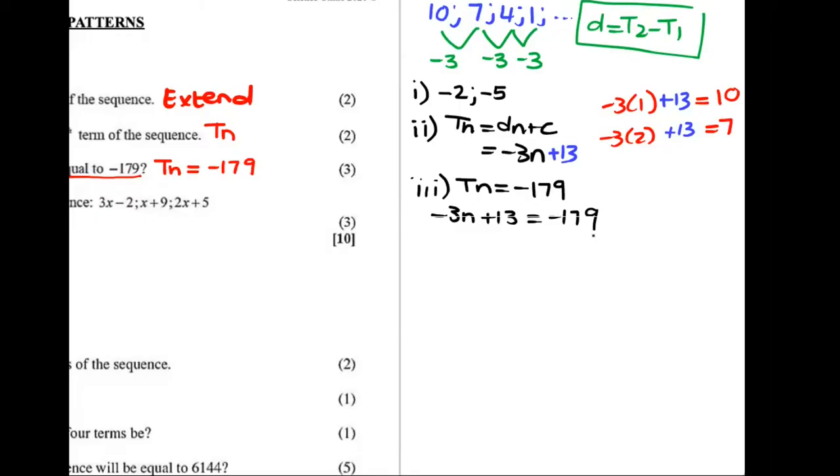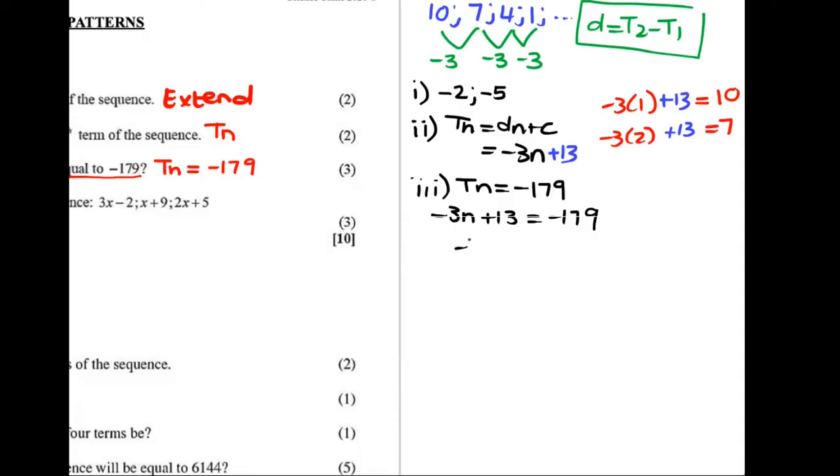In other words, if you had made a mistake over here and your pattern had been minus 3n plus 10, and you then made that equal to minus 179, you should get all 3 marks for the question that you are doing now. All right, so that is what we term continued accuracy in maths when we are marking, when we mark through with your mistake.